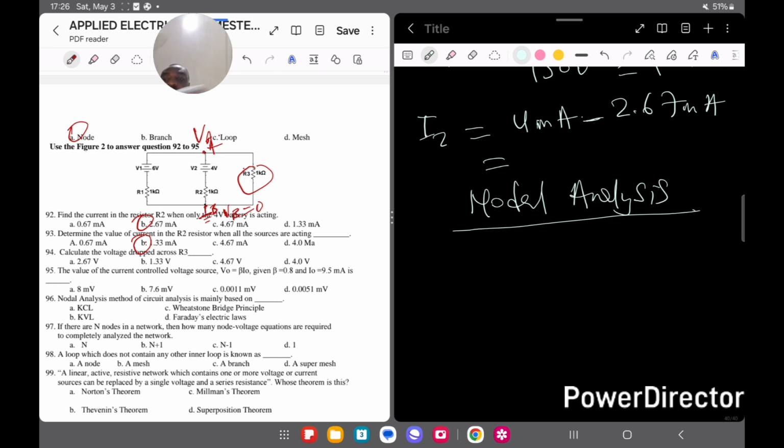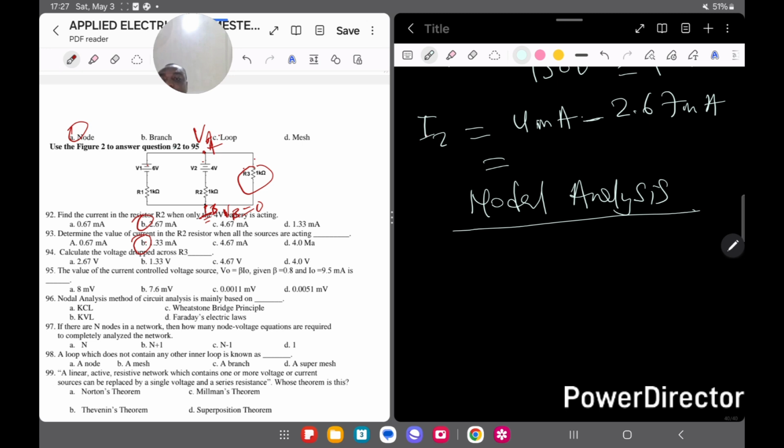Before we do that, we assign current to each branch in the circuit diagram. You can see we have 3 branches. This is a branch, this is another branch, and then we have another branch here as well.